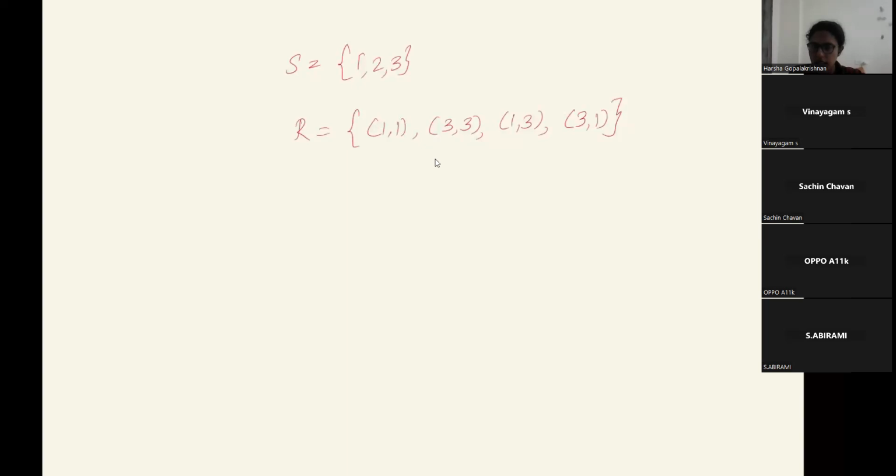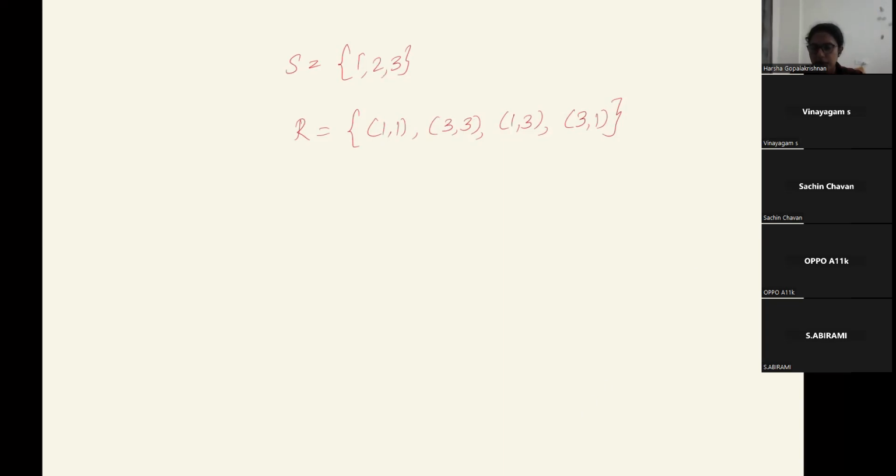Madam, my doubt is whether this is reflexive or not. This is not reflexive because 2 is not there. Reflexive means for every A in S, A, A should be in the relation. It should be true for all A. For 2, it is not true here, right? So it is not reflexive.